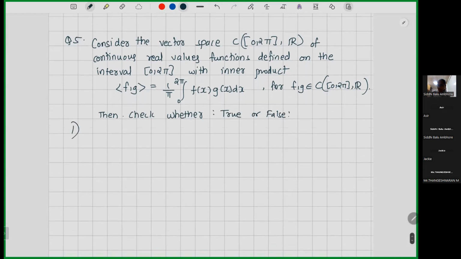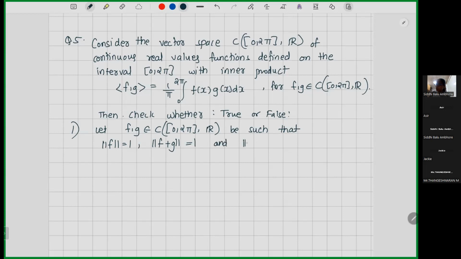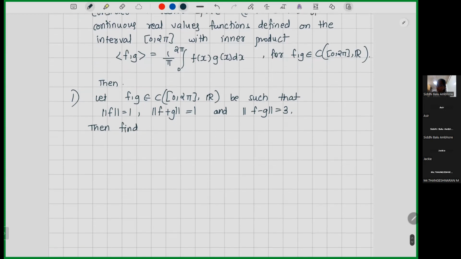The first one: let f, g in C[0, 2π] be such that the norm of f is 1, the norm of f plus g is 1, and the norm of f minus g is 3. Then find the value of norm g squared.